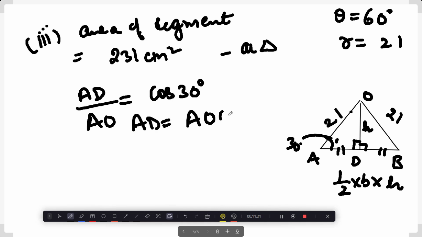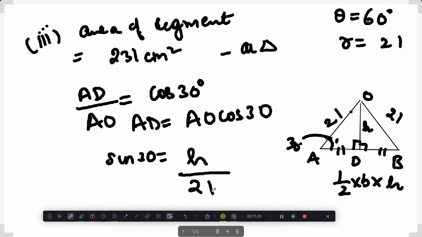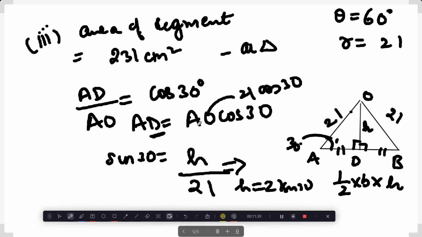AO cos 30. What is sine of 30? Height upon hypotenuse. Right? So what is height? 21 sine 30. What was AD? Again, 21 cos 30. Now this is just half of this. We need to find full of this, right? So that will be twice.